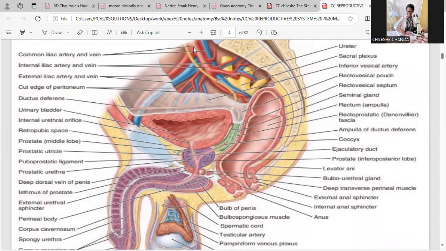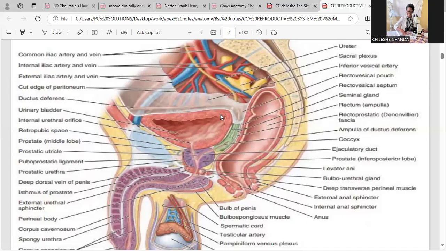We have this being the abdominal aorta coming all the way from the heart, and it is going to bifurcate into the external iliac arteries, and then an internal iliac artery, okay, and then they are going to give off branches that are going to supply the organs of reproduction. And then this is the vena cava, which is taking away the blood that has been used.